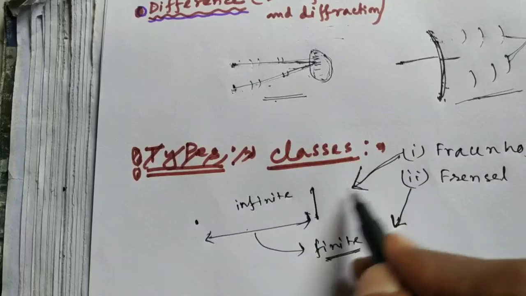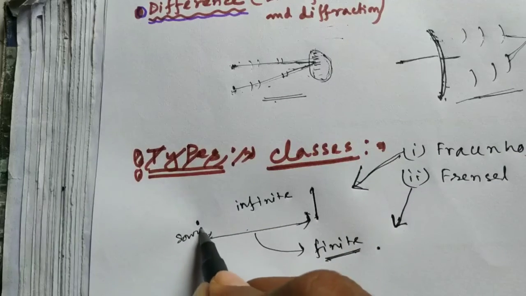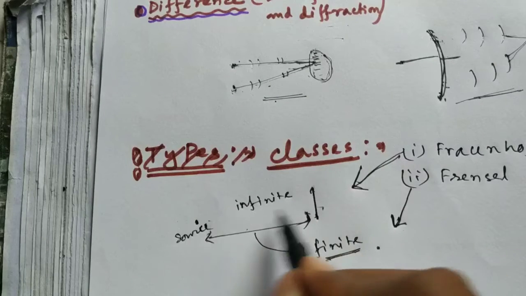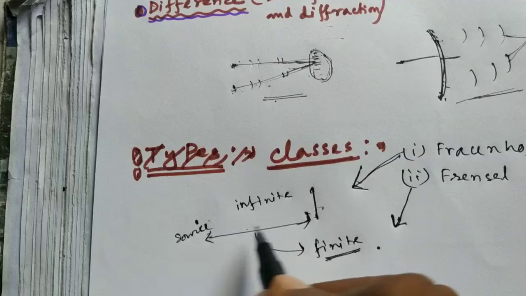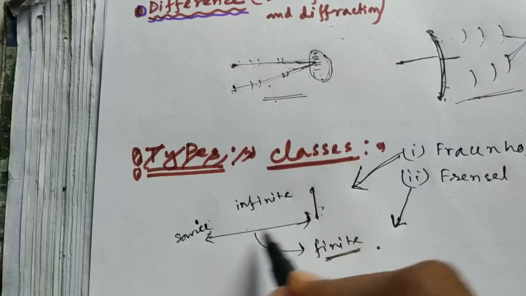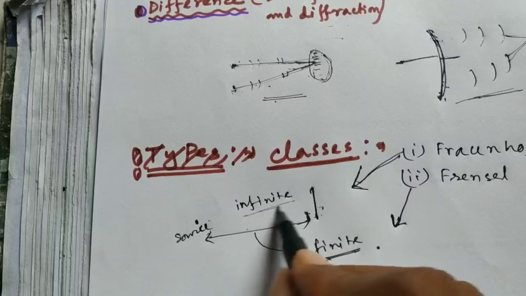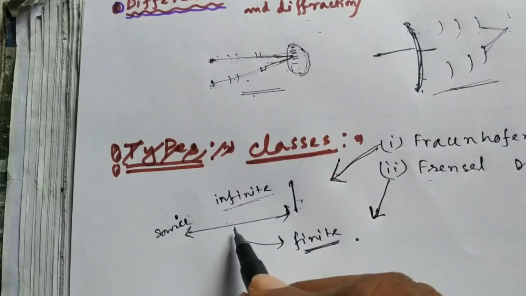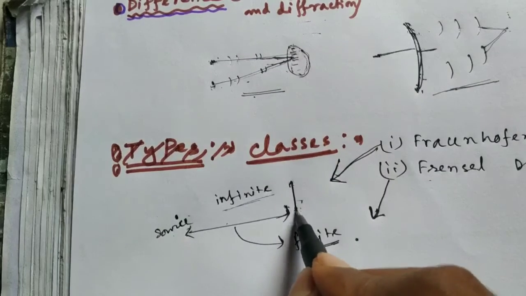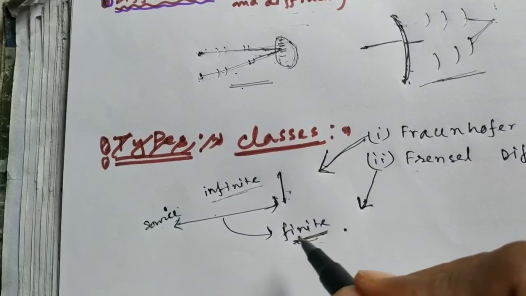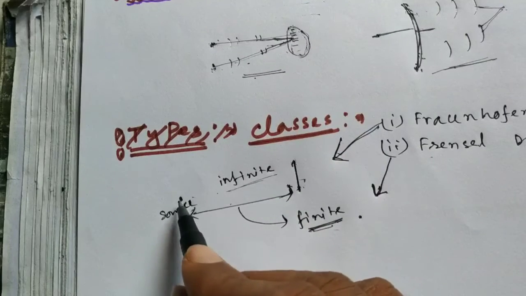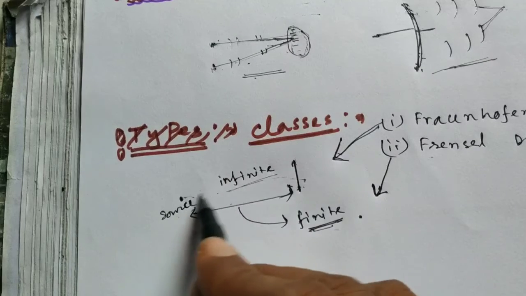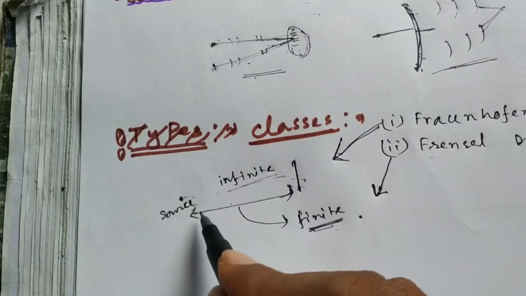In Fraunhofer diffraction the distance between the source and the screen is infinite, and in Fresnel's diffraction the distance between source and screen is finite, a small distance, and the wavefront comes from an infinite distance.